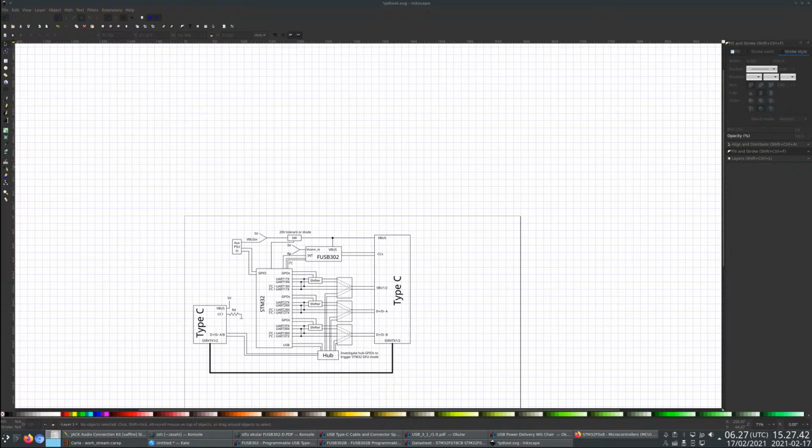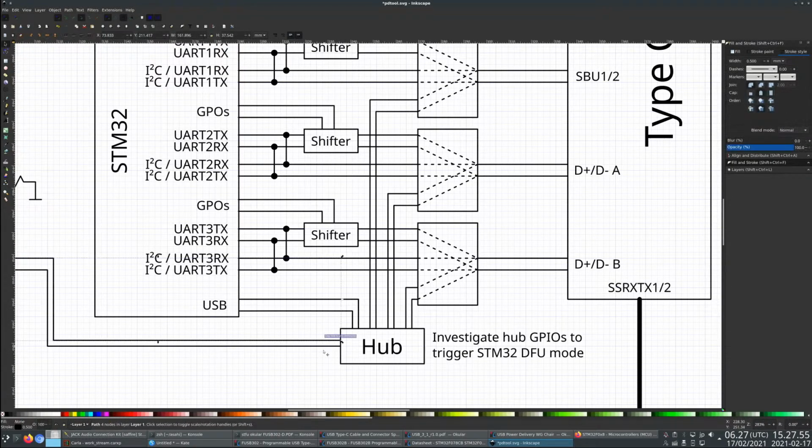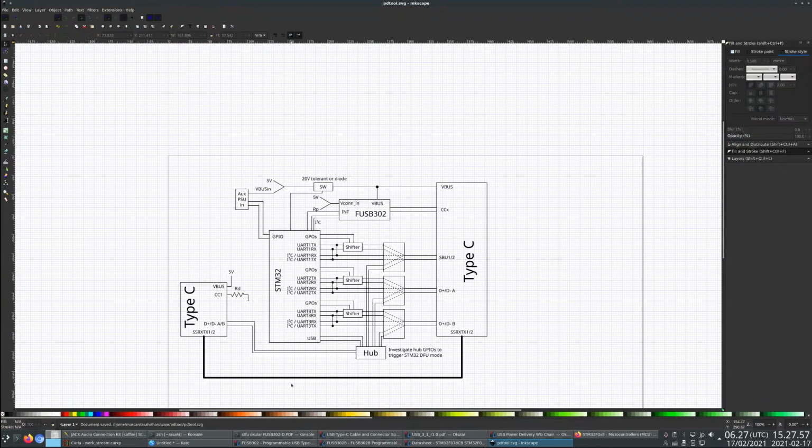My original plan was to make this a true pass-through that you could somehow debug PD through. But thinking about it, I don't think I want to do that. There are too many corner cases. If you want to sniff PD from your host, then tee it off on this side.